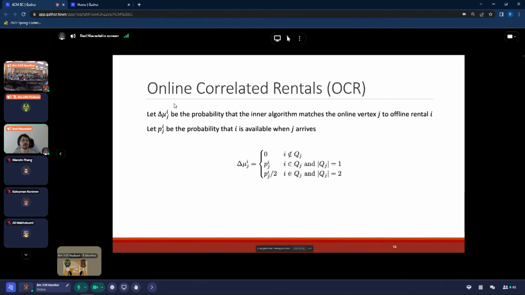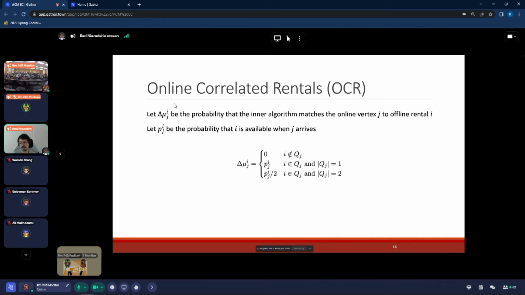And let delta mu ij be the probability that the inner algorithm matches the online vertex j to an offline rental vertex I, and let pij be the probability that I is available at the time j.